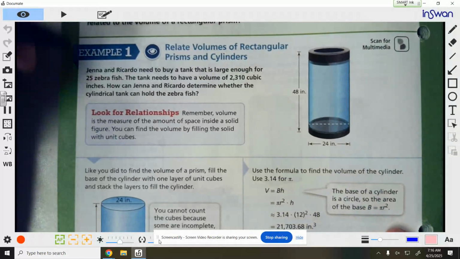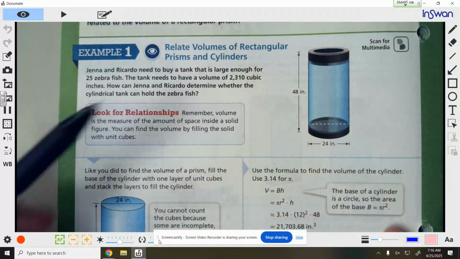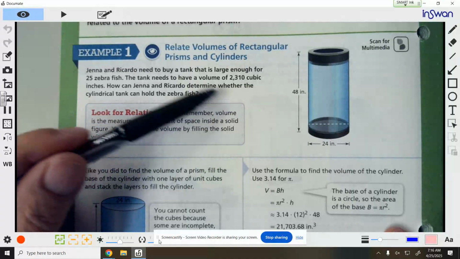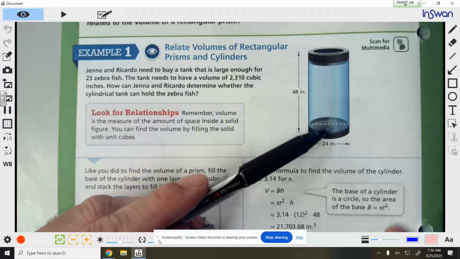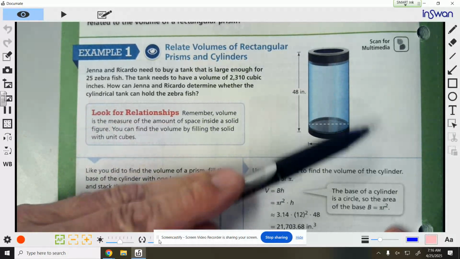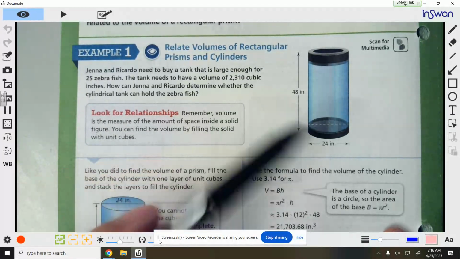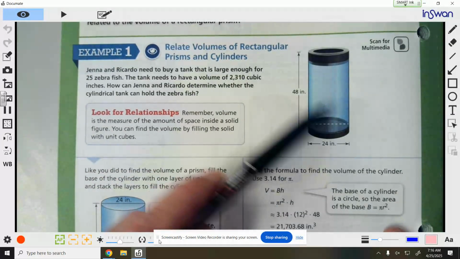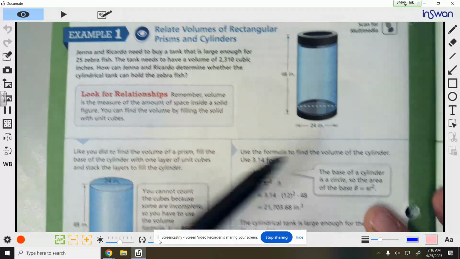So up here it talks about example 1, a fish tank. They're trying to figure out how much space or how much water they can actually fill in here. So the volume is how much this water would take up in that space there.